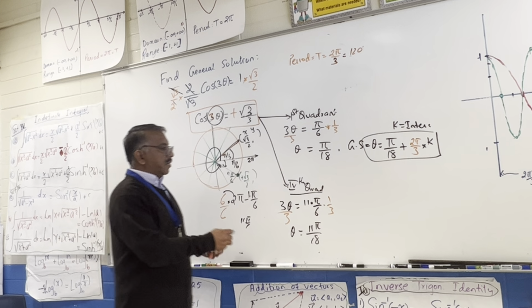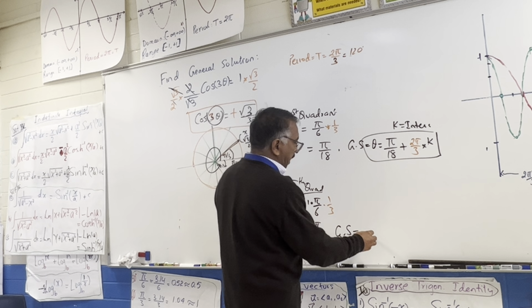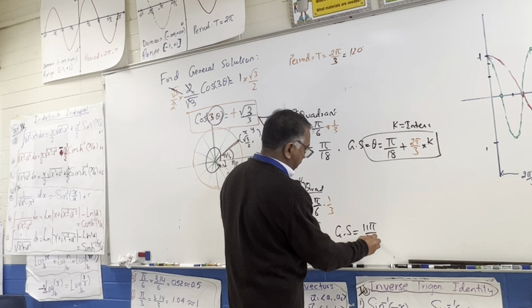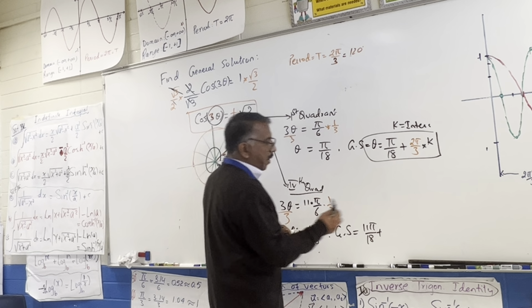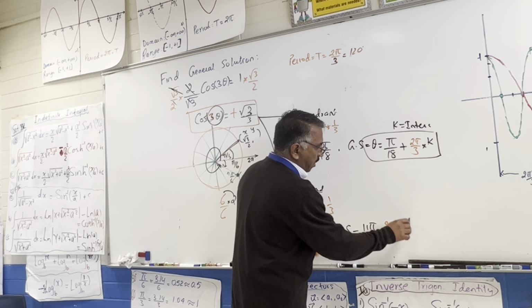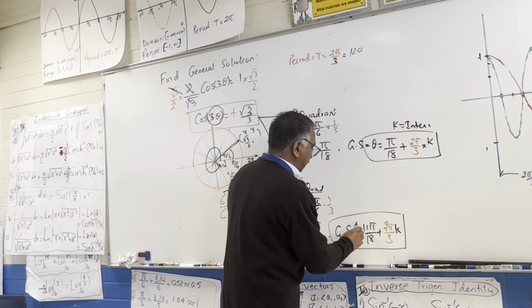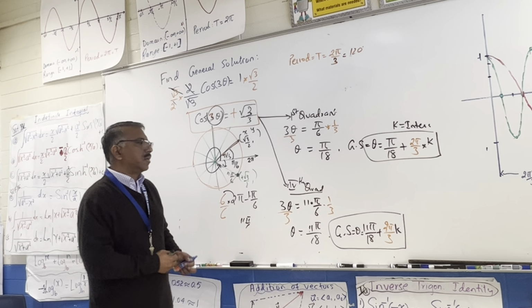The general solution therefore is 11 pi by 18, and because the period of this function is 2 pi by 3, you write plus 2 pi by 3 k, where k is an integer, and you are done. So this is the first part of the question, finding the general solution.